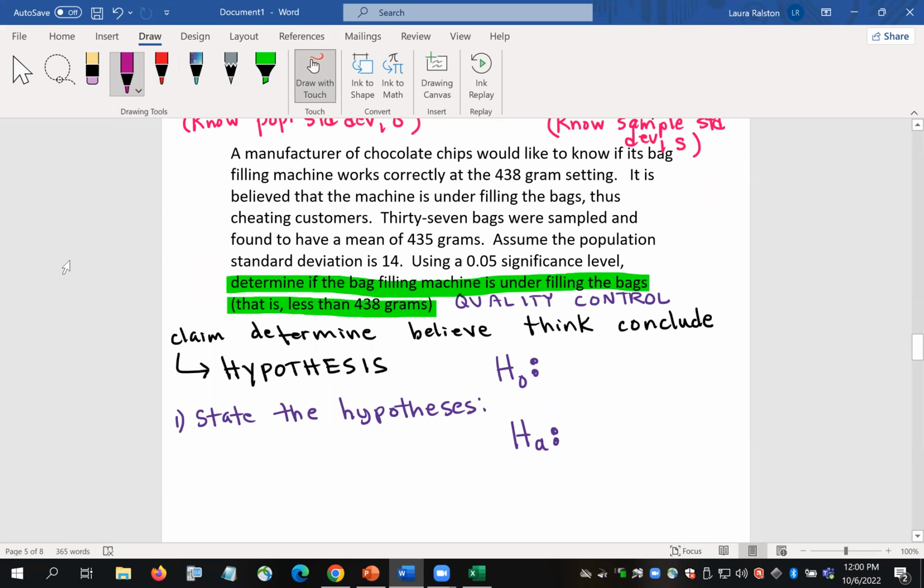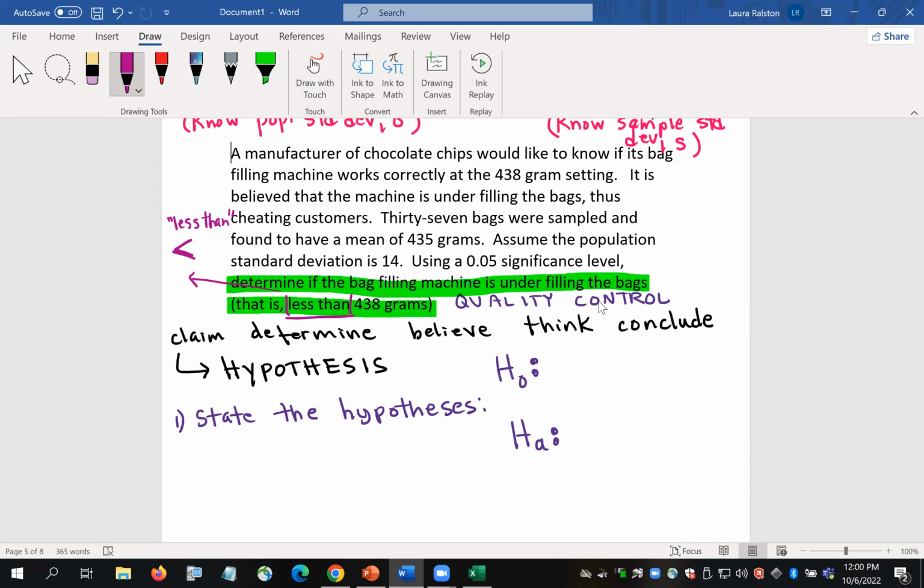And it says, is it underfilling the bags, which means it is less than 438 grams. So if I see that phrase less than, that makes me think of the mathematical symbol that looks like this. And so then I have to think, would I use that symbol in the null hypothesis or the alternative?